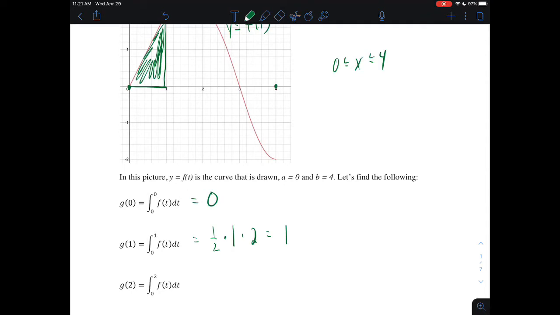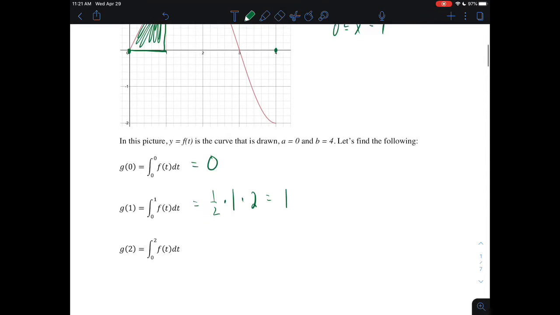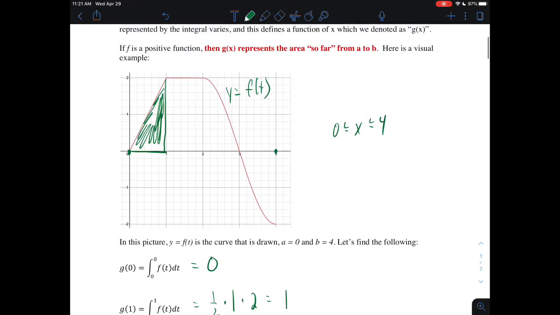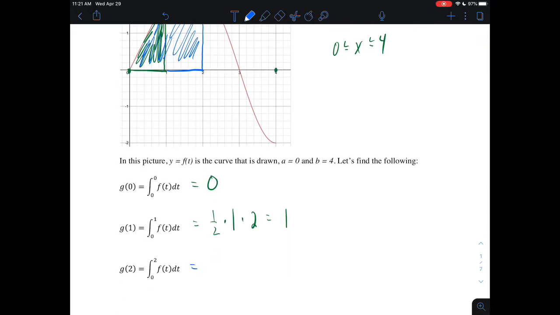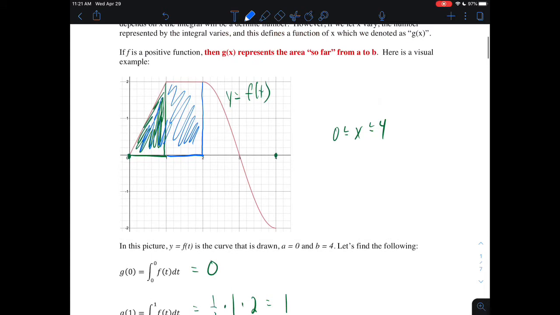Okay, so then g of 2 would be the integral from 0 to 2 of f of t dt, which means we are continuing all the way to 2 units, and we would like the area under the curve. But notice this is not just the rectangle that I'm shading. It's also the piece that we already found between 0 and 1. So this becomes the 1 unit that we had as the area from 0 to 1, plus the area from 1 to 2.